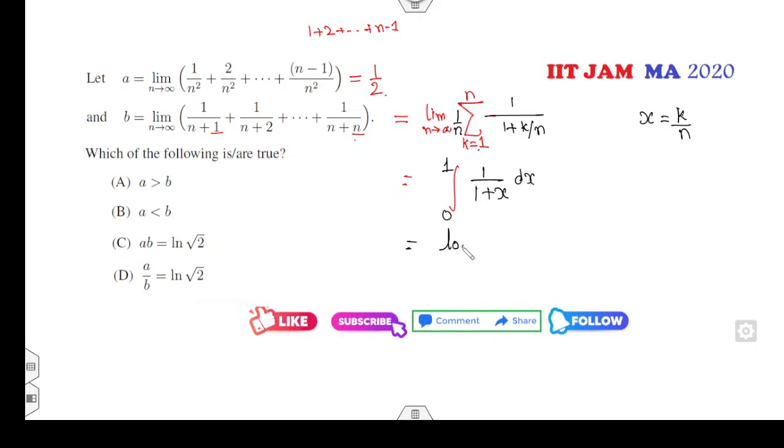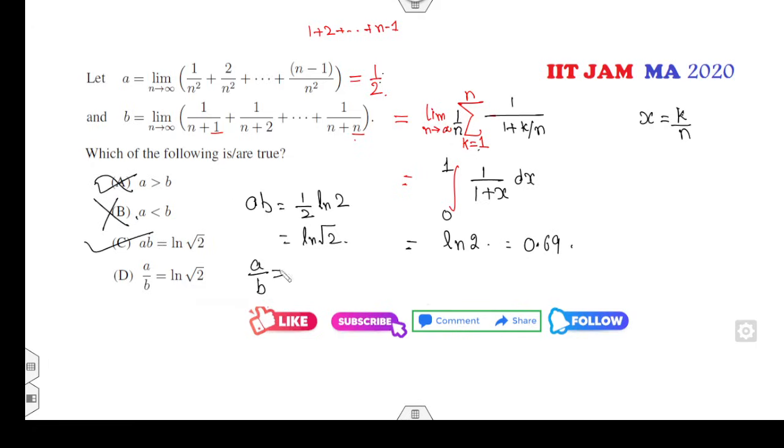So that will be log of 2. That is 0.69. Fine. Or ln2, to the base e or to the base 10. So a is not. A is less than, it's 0.5, it's 0.6. That answer is cancelled. They are talking about the ln. You can call it ln2. Then what is a into b? Half ln2, which is ln of root 2. A over b.